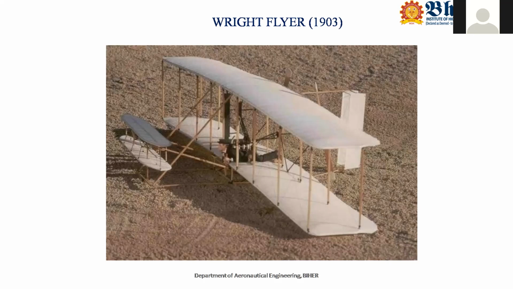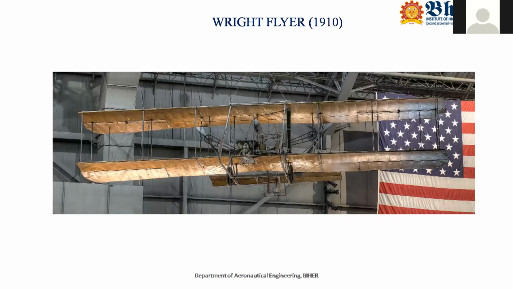But after so many trials, this is the Wright Flyer of 1903. After so many trials, Orville found that this horizontal stabilizer ahead of the wing is one of the important drawbacks. And in 1910, they placed that behind the wing.